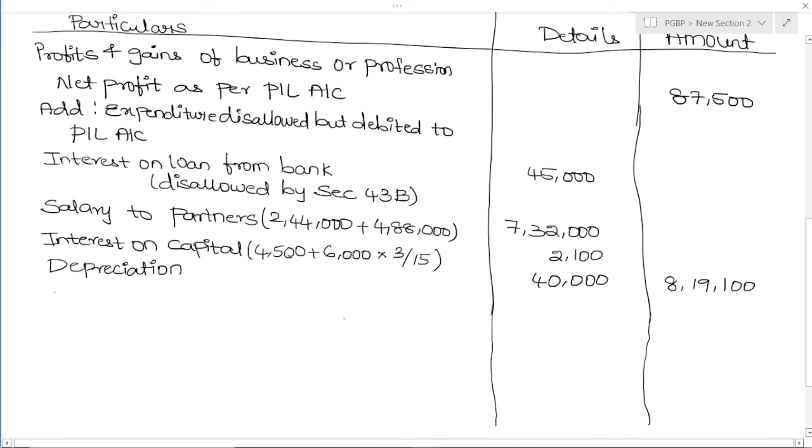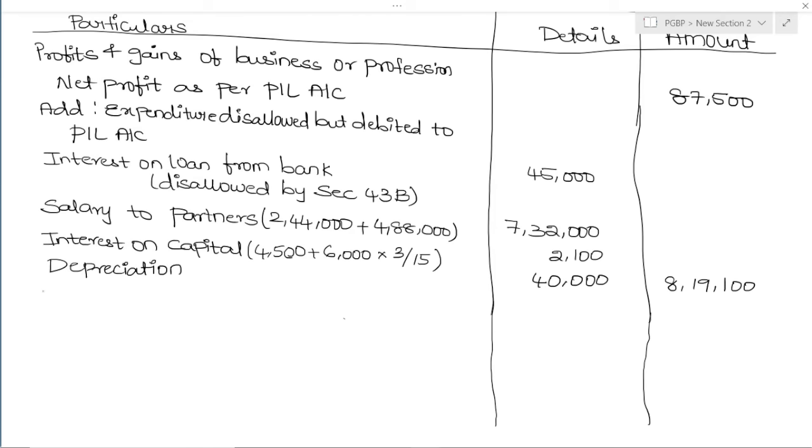Now you have net profit 87,500, correct? And plus these add items. How much is the add item? You tell me. Yeah, 8 lakhs 19,100.